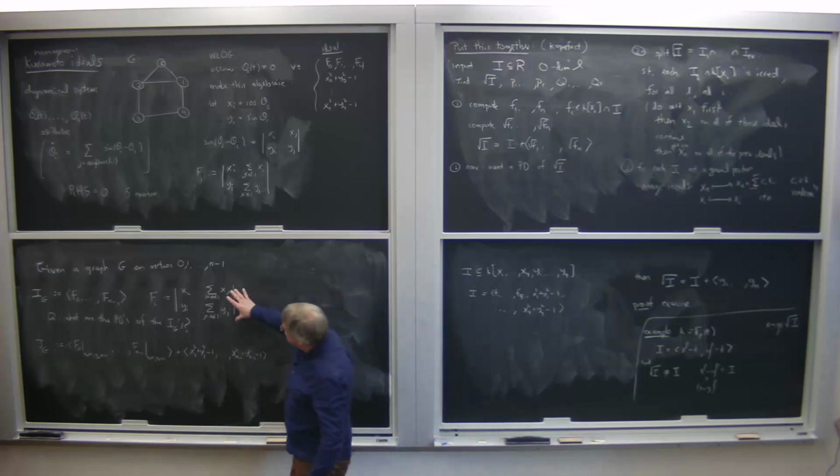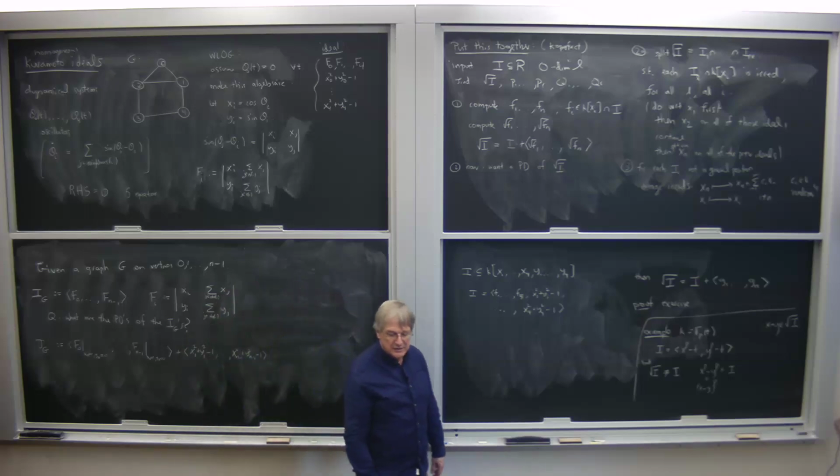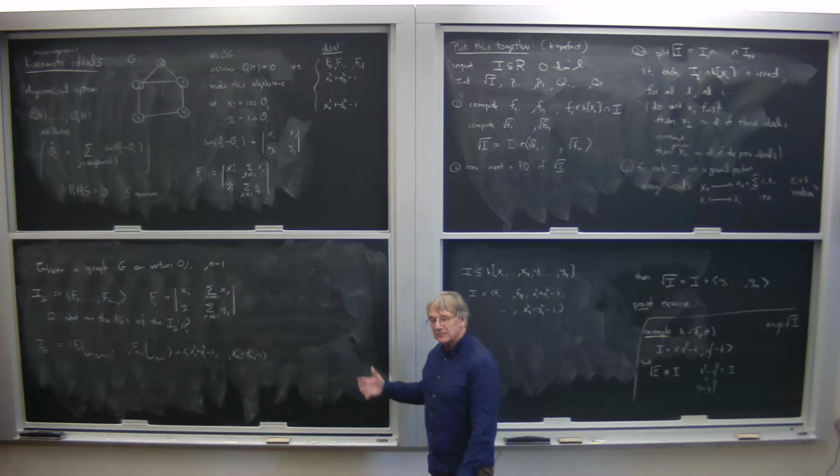But it's weird. This ideal here, the one I showed you that was not reduced, has those primary components on it. This ideal, nonetheless, if you don't put in these x_i squared, is reduced, and it's a radical ideal. But when you throw this in, it just screws it all up. So it's very mysterious, but it's an interesting kind of behavior.